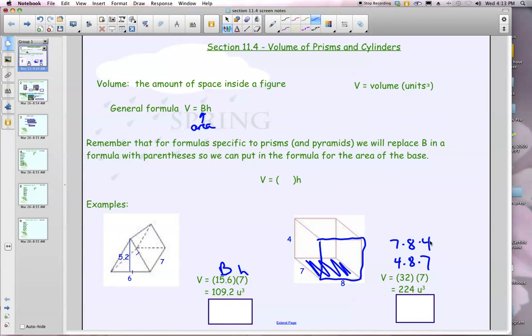Now we know when it comes to multiplication that it doesn't matter what order you put those in. So in terms of a rectangular prism, it's much easier just to say, I have these 3 values, I have to multiply them. Some people prefer to say, I know that one of these is the base, so I'm going to find the area of that and take it times the height. It makes no difference how you look at it. You can look at it either way, you'll get the same answer.